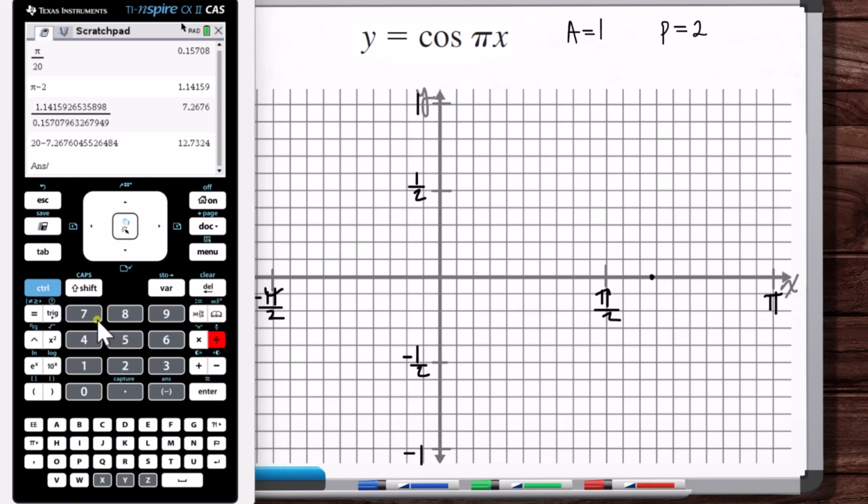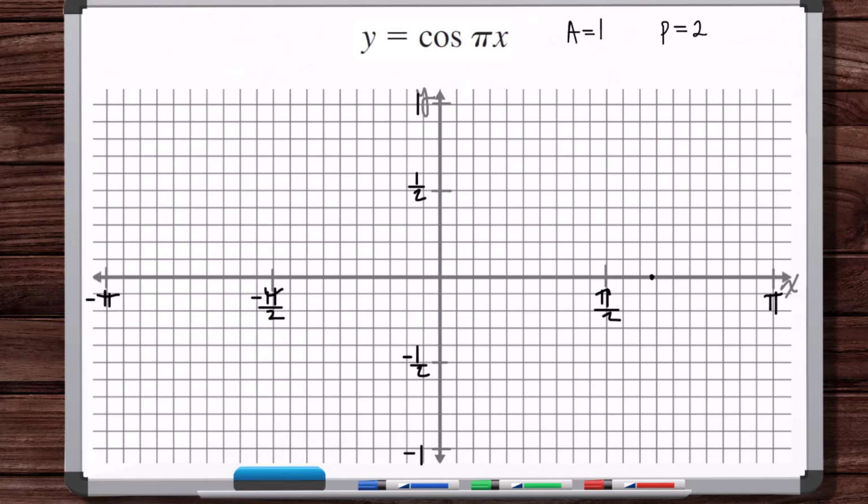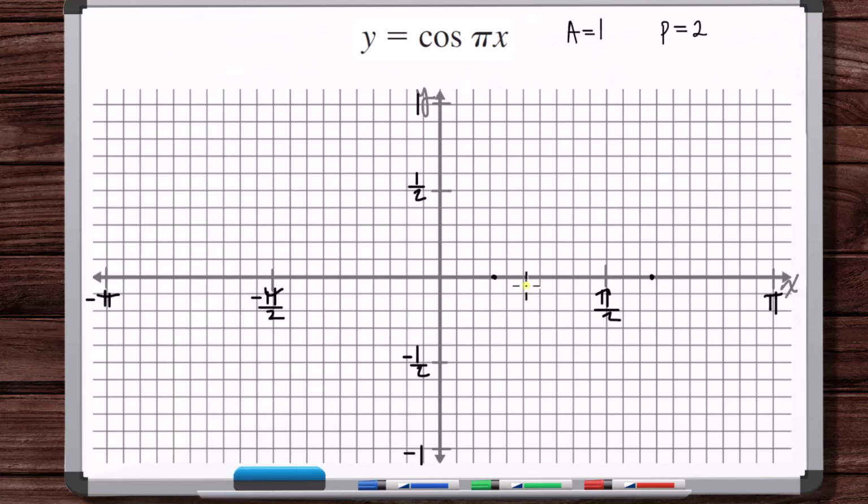So let's divide this by 4. So about 3.2. 1, 2, 3, about right there. Okay, that times 2, about 6.4. 1, 2, 3, 4, 5, 6, about right there.